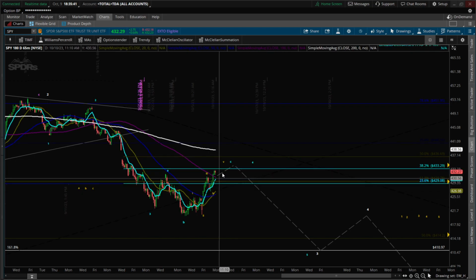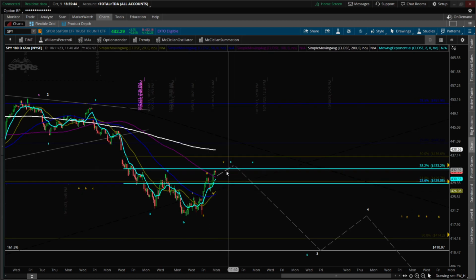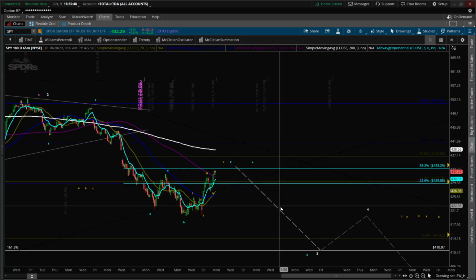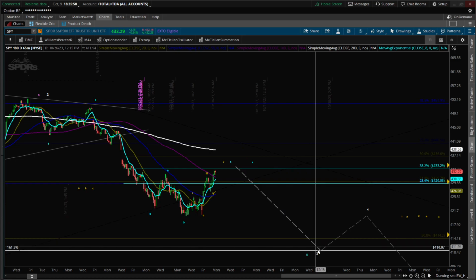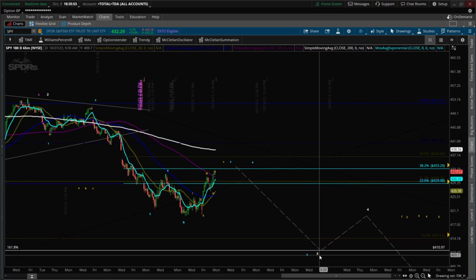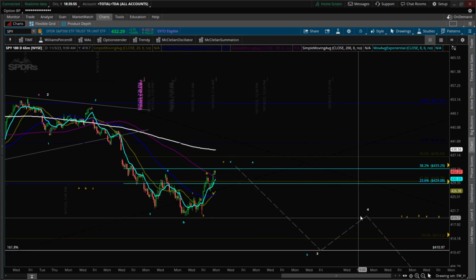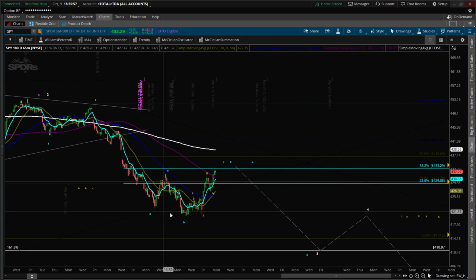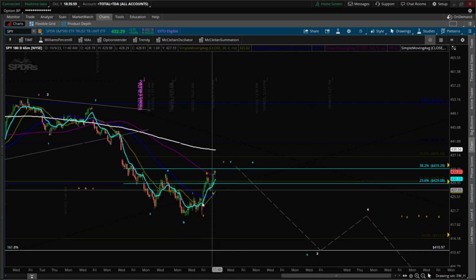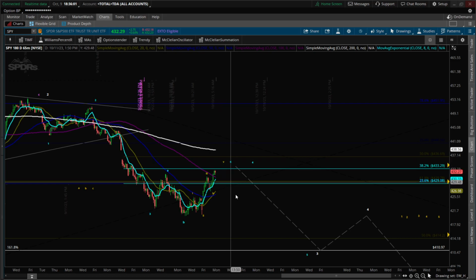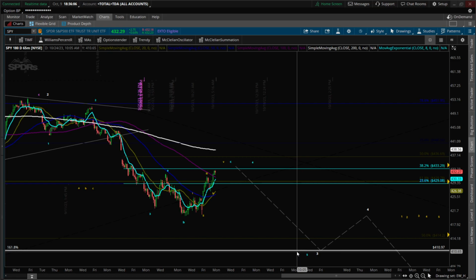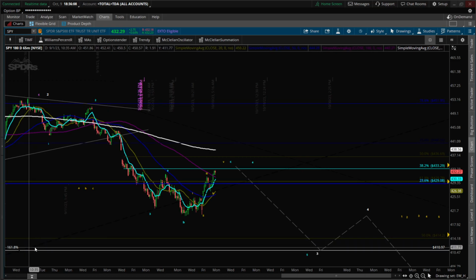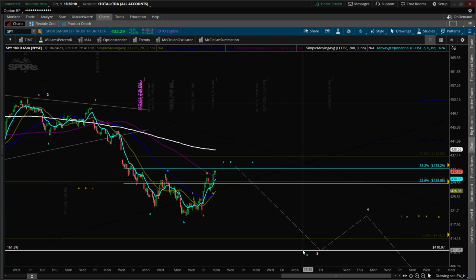And from what we talked about from the weekend video, we get up to this 382. I'm going to go ahead and erase this because we're so close. We reject off that 382. We go down to a wave 5, and that's just another wave 3. So we'll get a bounce in further. So we're looking at completing a bounce and getting a 5-wave move down for our 162% extension from the original wave 1.